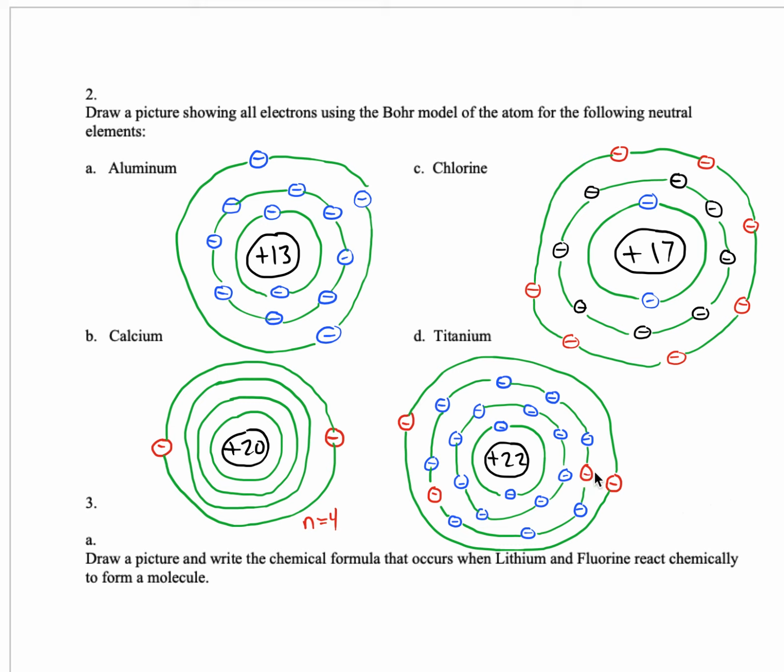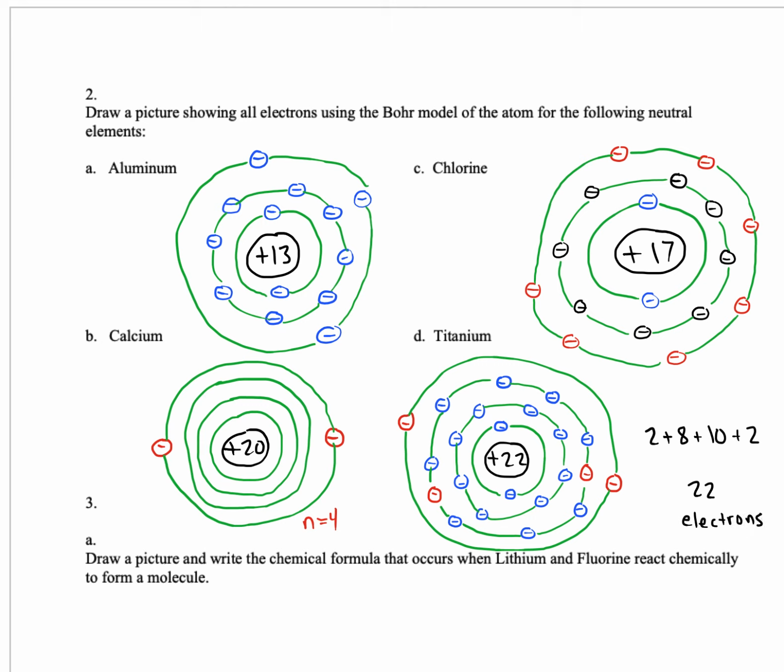And now we've got actually 10 electrons in that third energy level and 2 electrons in the outer energy level. This gives us a total of 2 plus 8 plus 10 plus 2. That is 22 electrons.